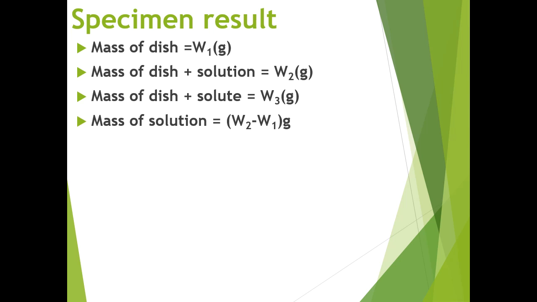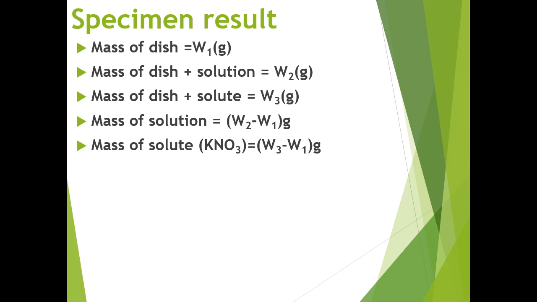From these three specimen results, there are quite a lot of things that you can obtain. The mass of the solution can be obtained by subtracting the mass of the empty dish, which is W1, from the mass of the dish plus solution, which is W2, in gram.